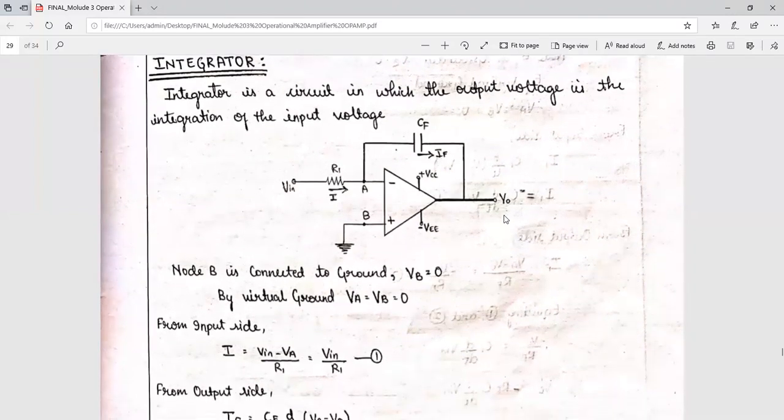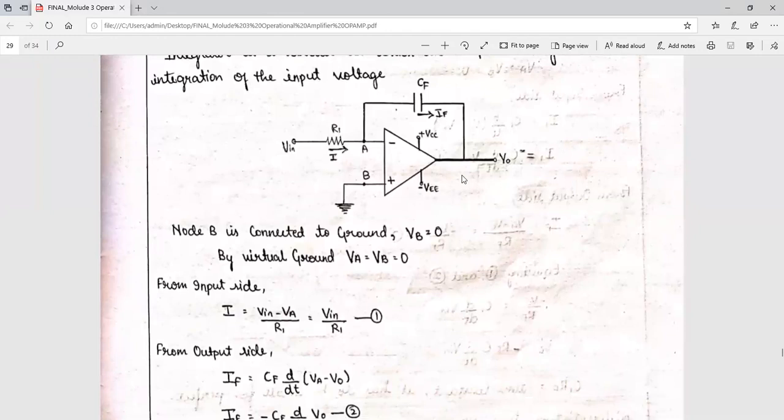And the IF current is moving from VA to V0. So you have to be very careful when you write the equation through the capacitance. For the equation through the resistance, we directly know V in minus VA by R1 equal to I.